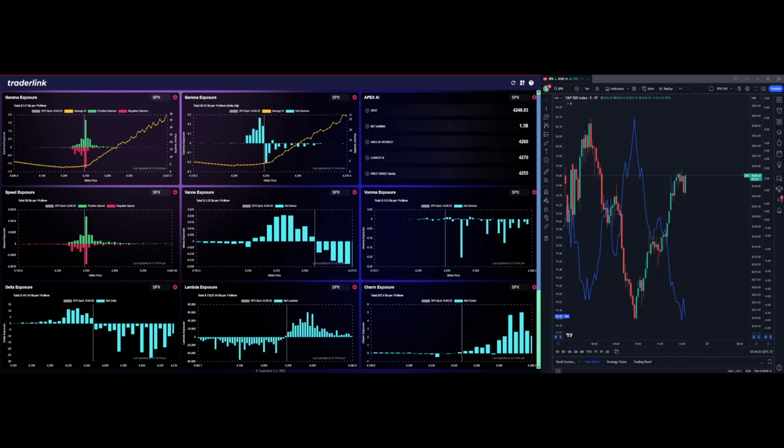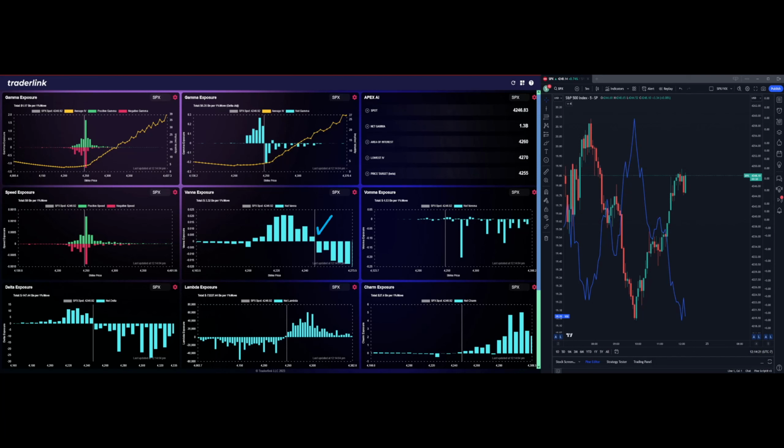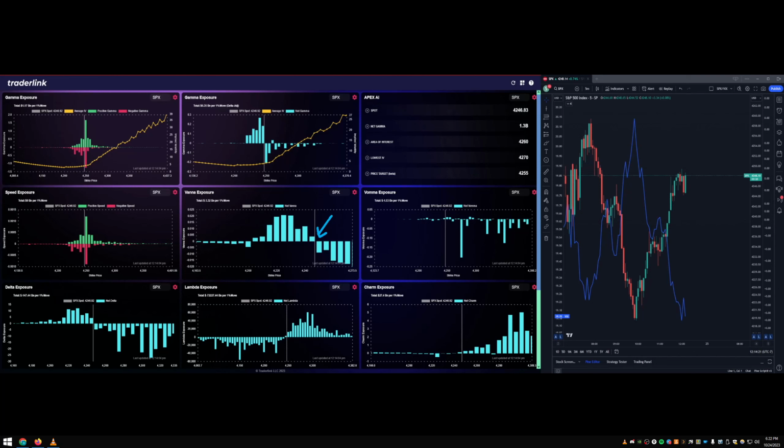So you can also see this pinning effect on Vanna. We've only got one giant bar of exposure. Everything's kind of consolidating, really creating the pinning effect. And like I said, look where we ended the day. We ended right at the flip point.